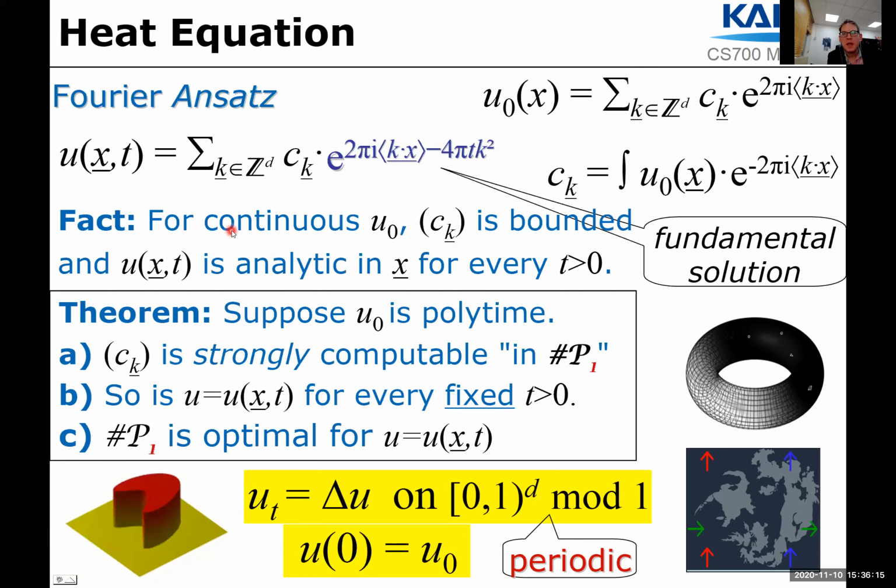Okay. So to summarize, yes, the heat equation also is hard. It also characterizes a discrete complexity class, but a different one from Poisson's equation, subtly different.